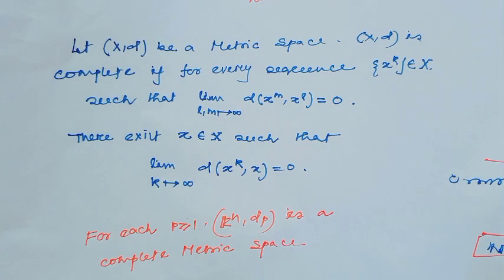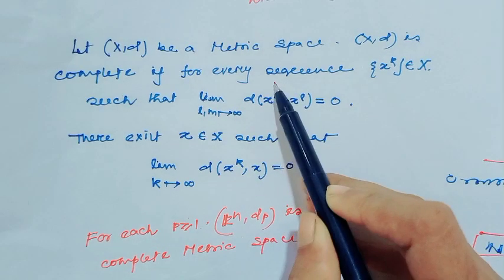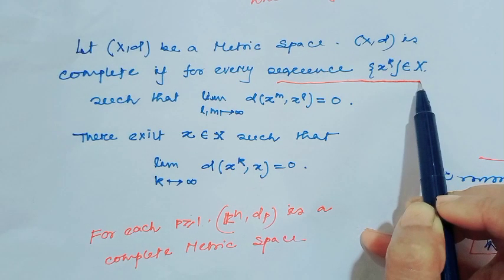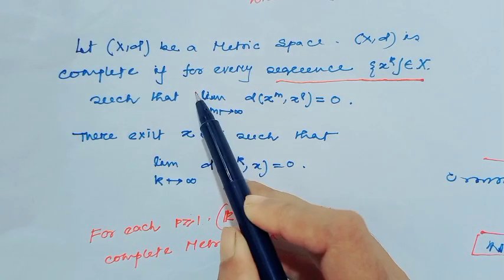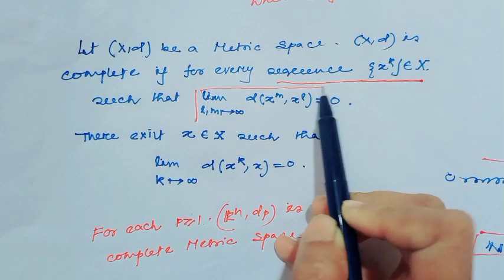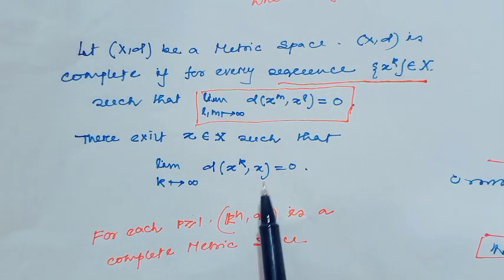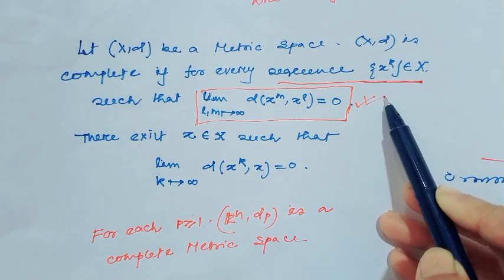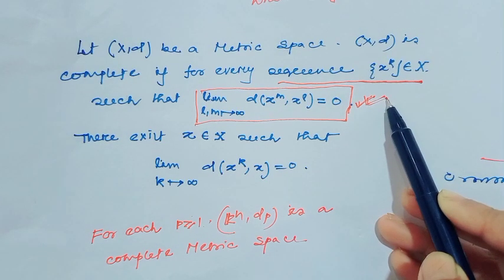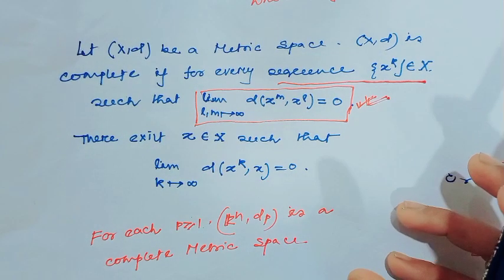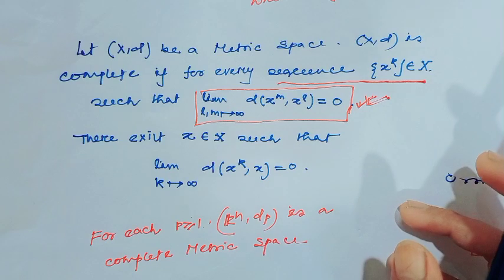Consider (X, d) a metric space. Then the metric space (X, d) is complete if for every sequence xk belonging to the metric space X such that the limit as l, m goes to infinity of the distance between xm and xl equals 0, that means the sequence is a Cauchy sequence, and if the metric space is complete, then every Cauchy sequence is convergent.